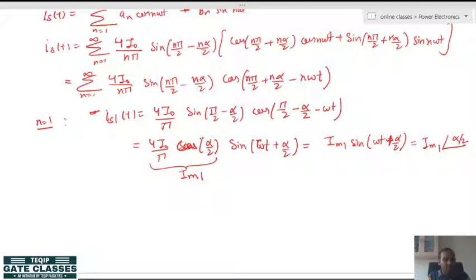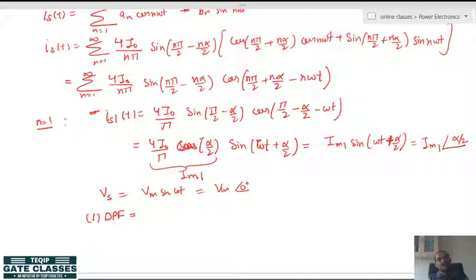Now our reference was V s is V m sin omega t, or V m angle 0. With respect to this, the first thing we want to find is the displacement power factor. What will be its value? It is simple: cosine of the angle between the fundamental component of voltage and the fundamental component of current.